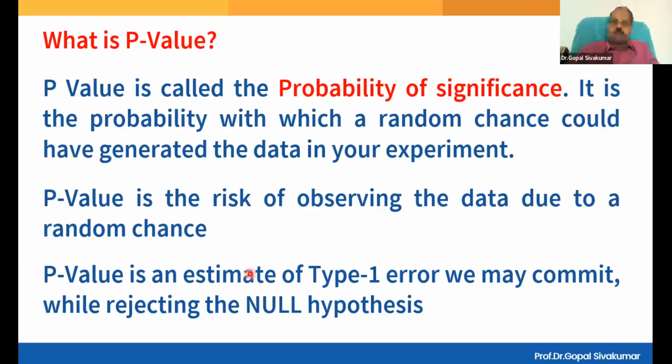How about others? The p-value is the risk of observing the data due to a random chance, because we are taking samples as randomness, so that only we can conclude that this one is okay. Okay, I understand Arograj's point.